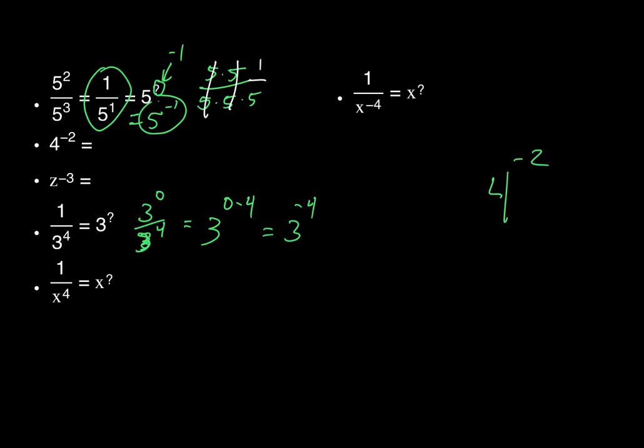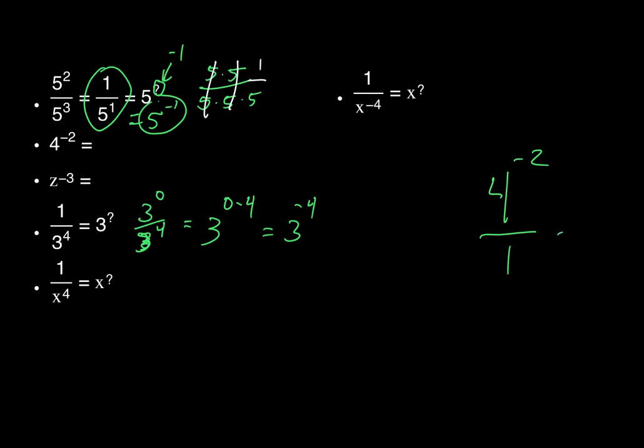If I have 4 to the negative 2, the fraction bar, as it's written right now, when there isn't one, it's all over 1. When I have something in the numerator with a negative exponent, it must transfer to the other side of the fraction bar. It's in the top, now it must go to the bottom.